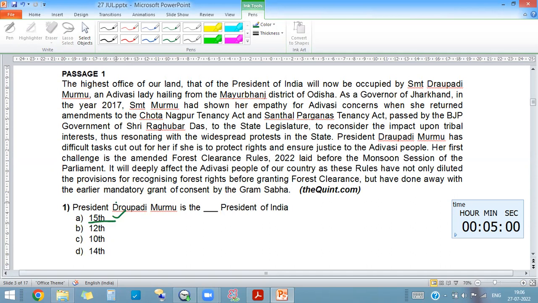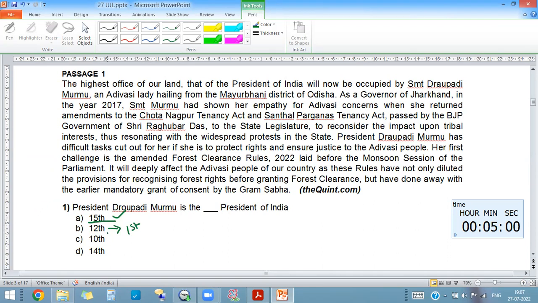So that brings us to the other choices, right? Anyone, if you can remember, or if you don't know, make a note of it. And those who know, very good that you do know this. The 12th president of India was Pratibha Patil. Why is the 12th president so important? Because Pratibha Patil was the first woman president of India. Draupadi Murmu is the second woman president.